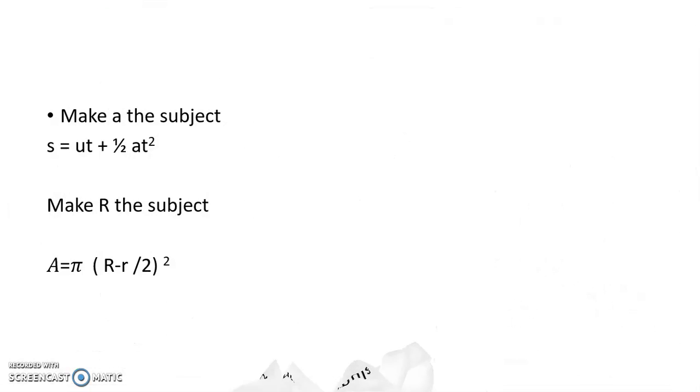Let's continue. So here we have make a the subject of the formula. So first thing we've got to do is to get rid of the additions as stated before. So we're going to see how best we can get rid of the additions.